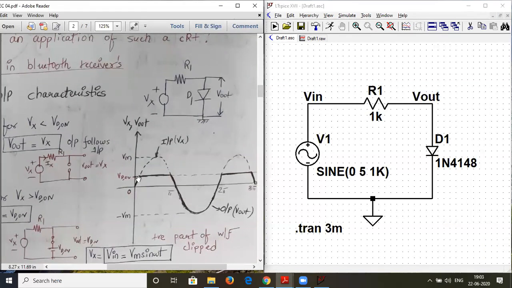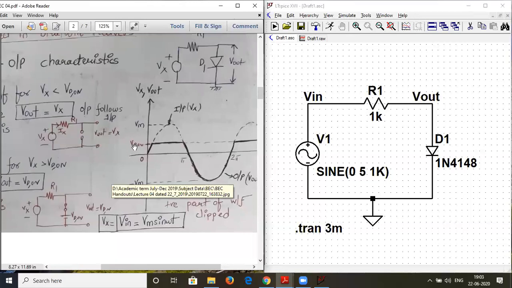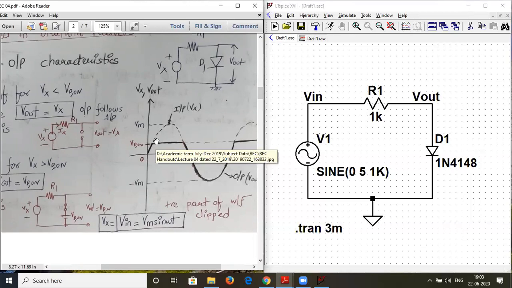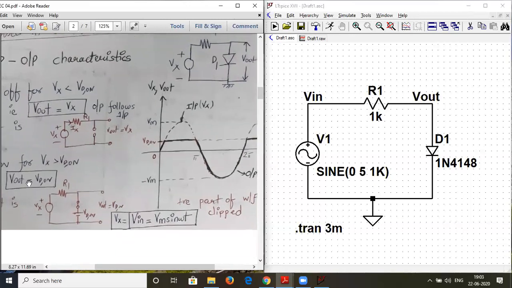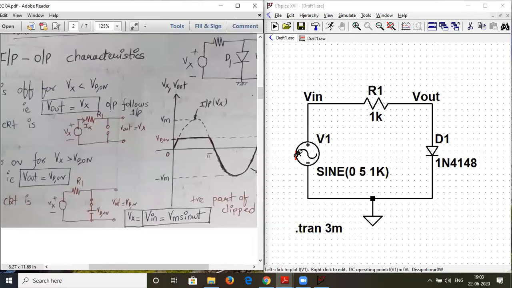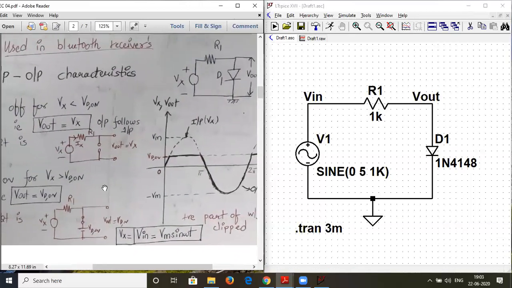So what happens now? As soon as the input voltage crosses this VD on, now VD on is 0.7, that means the diode is turned on. Whenever the diode is turned on, we have seen that using the constant voltage model, the diode will be replaced by a short circuit and a VD on.